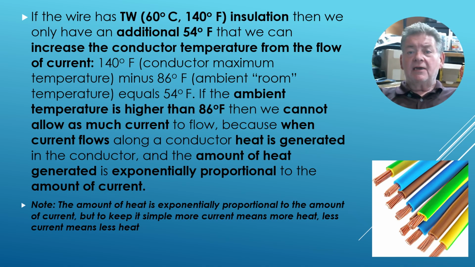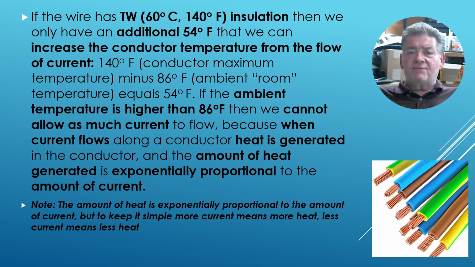If the wire has TW insulation, 60 degrees C, 140 Fahrenheit rated, then we can only add an additional 54 degrees Fahrenheit to that conductor before we exceed its insulation's maximum temperature rating.